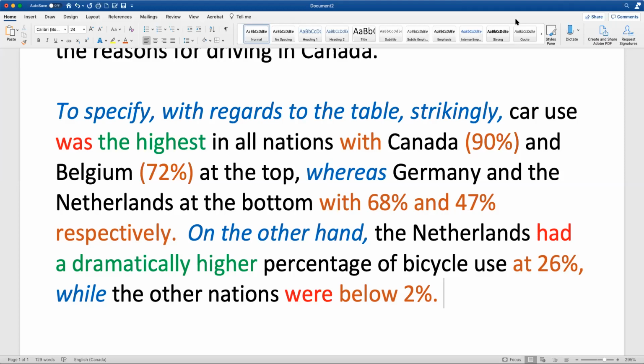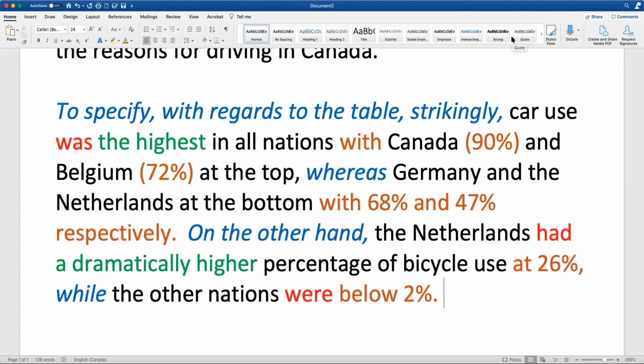You could say, while Germany and Belgium had an equal percentage of 2% and Canada had 1%. You could say that. Of course, you can. I feel that it's not so important to say 2 or 1. Okay, thank you. Any others?